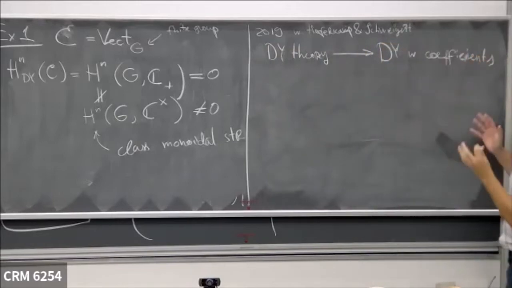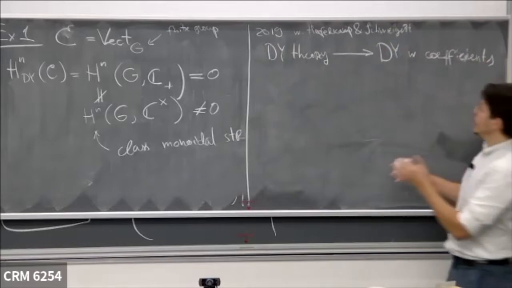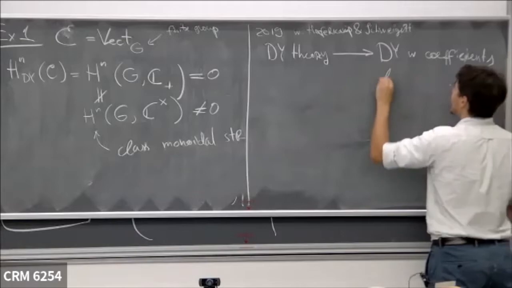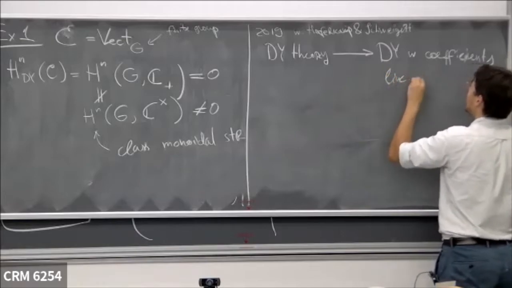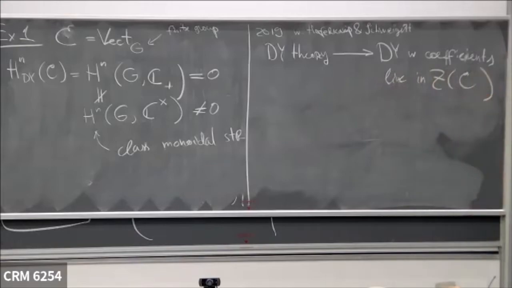So it's similar to Hochschild theory, right? In Hochschild, remember that the coefficients are bimodules. And here, the coefficients live in the Drinfeld center of category C. So the coefficients are in the Drinfeld center, okay?